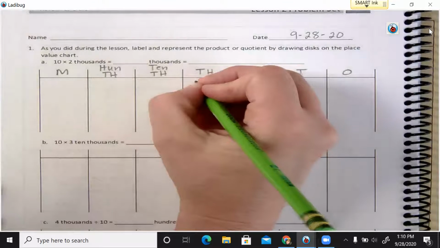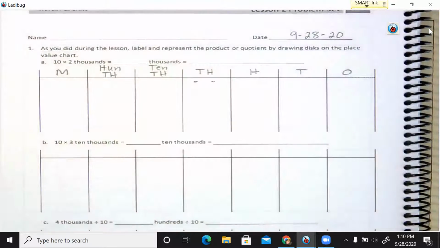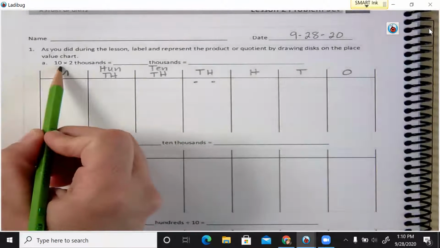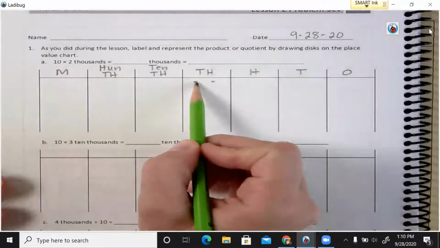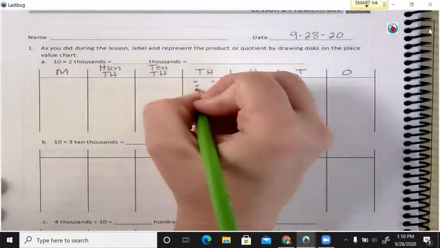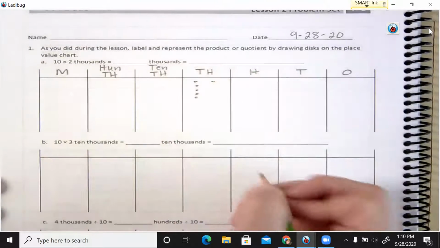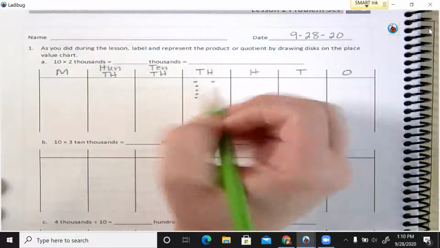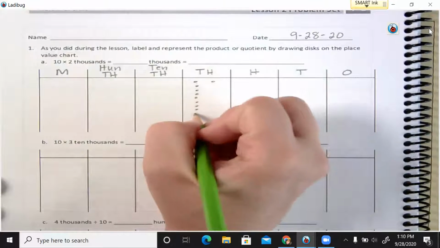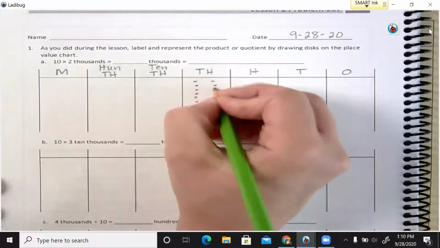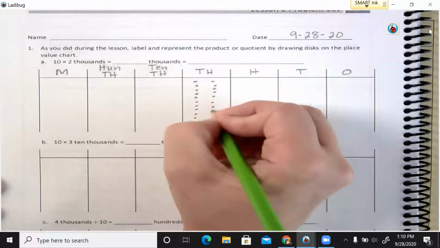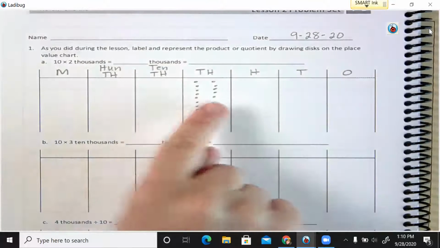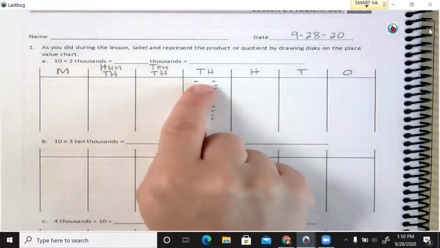2. So I'm going to put 2 discs there. So now I'm going to multiply by 10. That means I'm going to take each of these and times 10. So I need to make 10 discs in each column. 1, 2, 3, 4, 5, 6, 7, 8, 9, 10. Right now what I did was I took my 2,000s and I drew them.